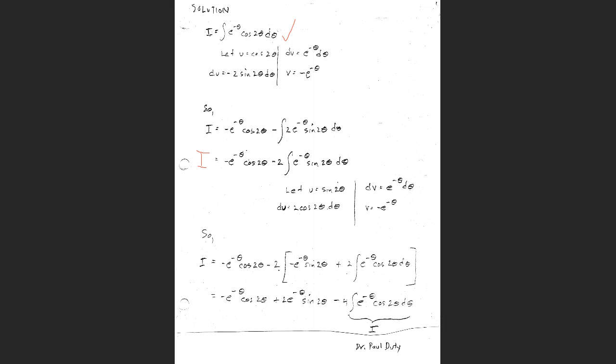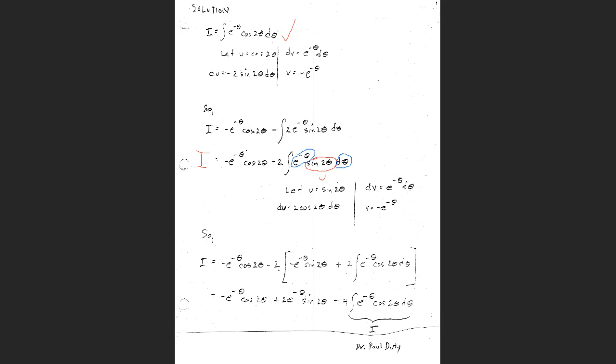What I'm going to do is integration by parts again. This time I'm going to let u equal sine of 2 theta, and then the remaining part of the integrand, e to the negative theta d theta, that's just going to be dv.